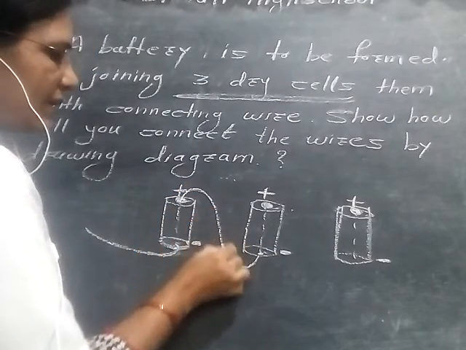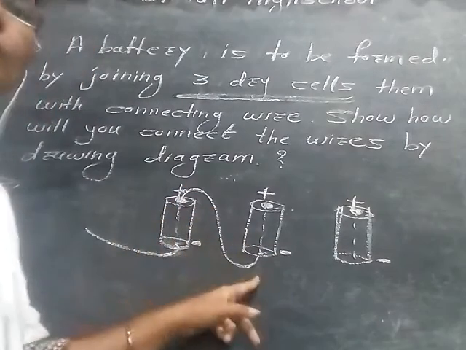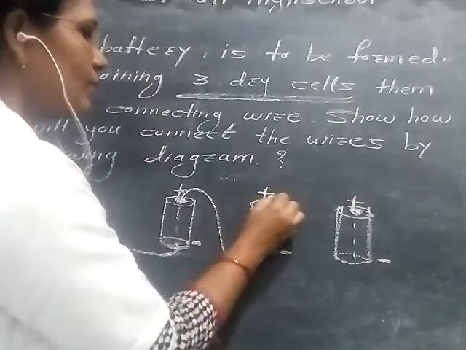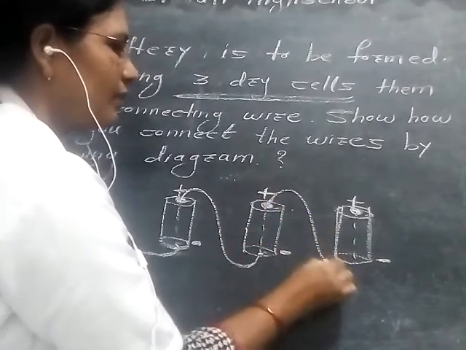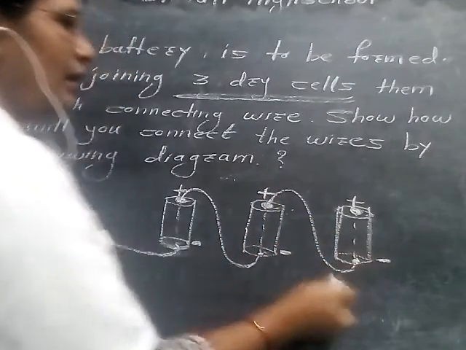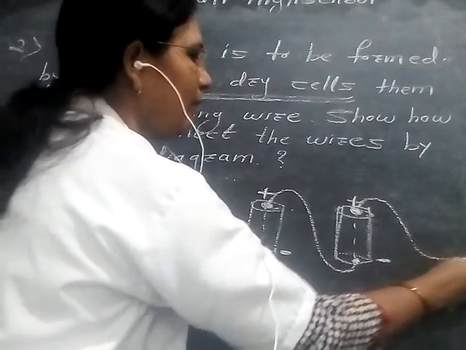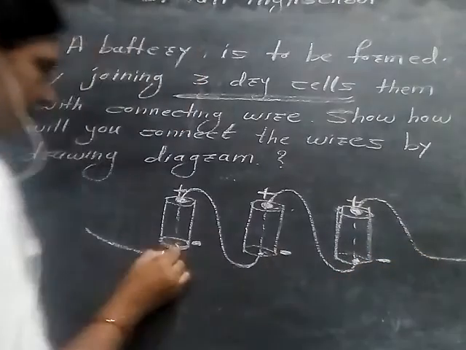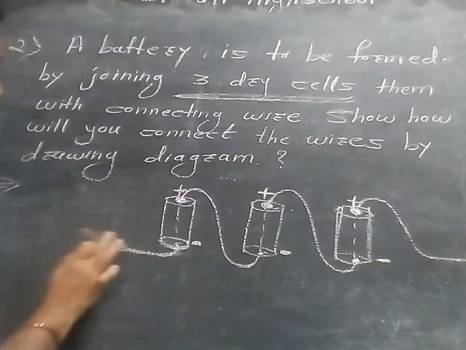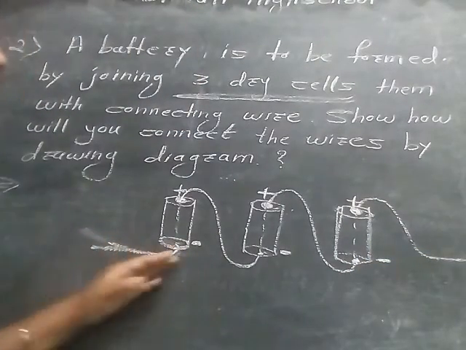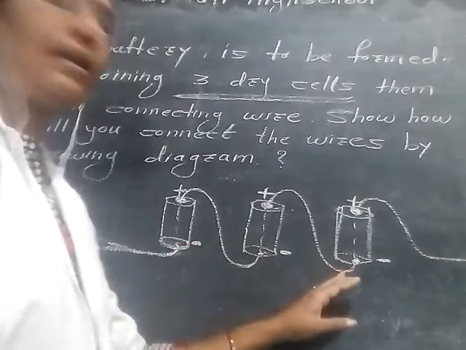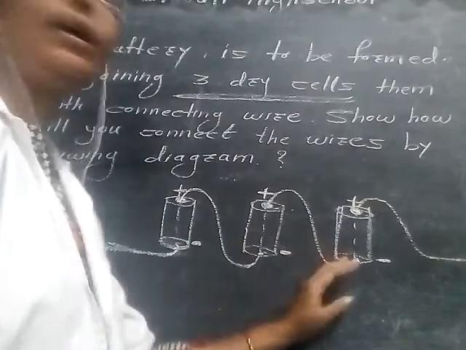Positive terminal is connected to negative terminal. Again this positive terminal is connected to the negative terminal, and in this manner we connect the first, second and third dry cells.